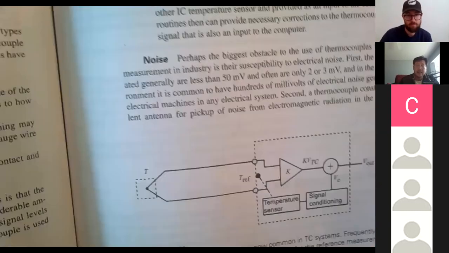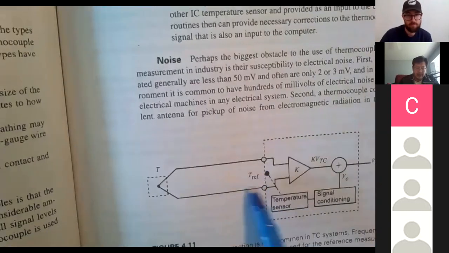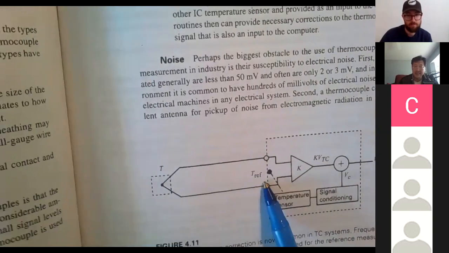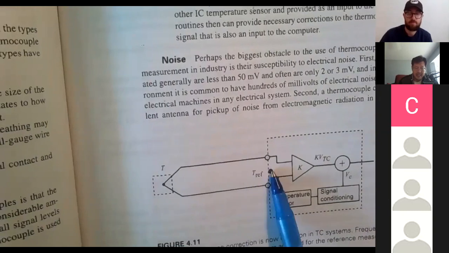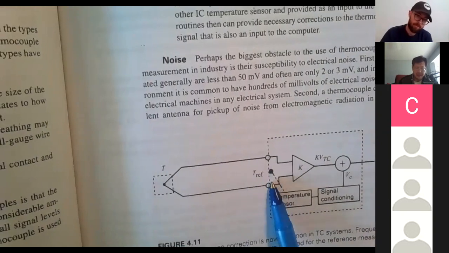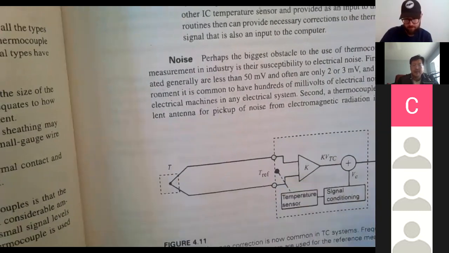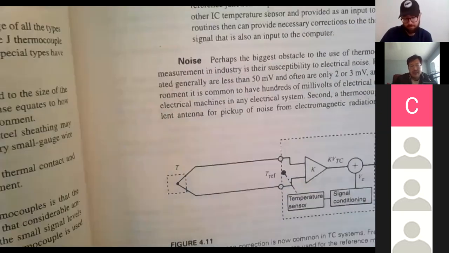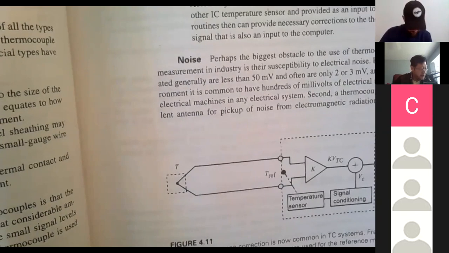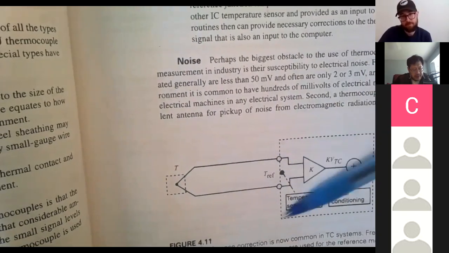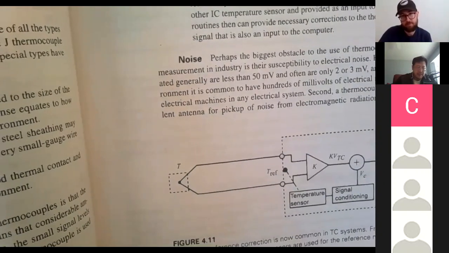Unfortunately, that little battery exists anytime two different types of metal connect to each other. And that cannot be avoided, because sooner or later, you need to make connections to different types of metal, to different types of connectors. So that's the compensation. That problem is solved completely.